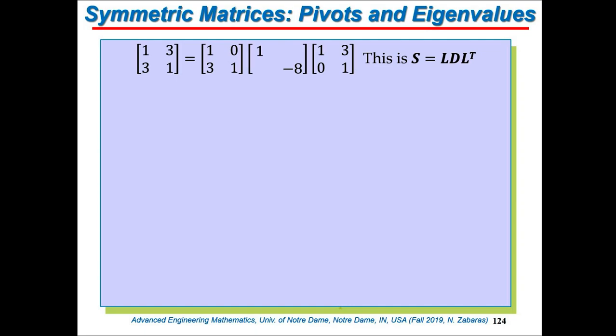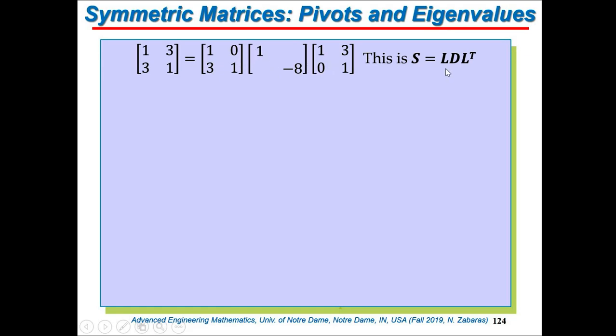The proof of this is a little bit esoteric. So I want to highlight it the way Strang's textbook has it, for a simple 2x2 matrix. So let me take a symmetric 2x2 matrix, and start with an LU factorization of this matrix.